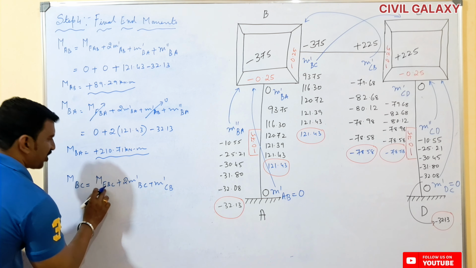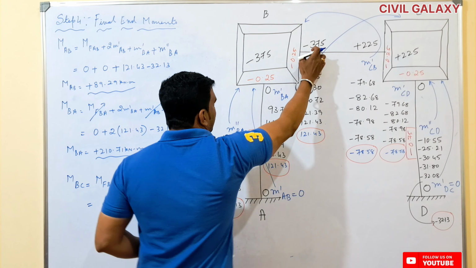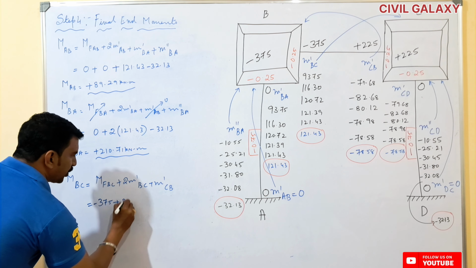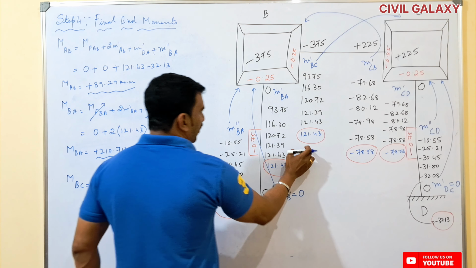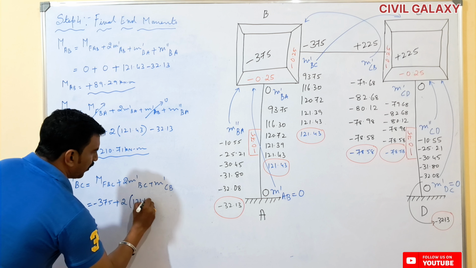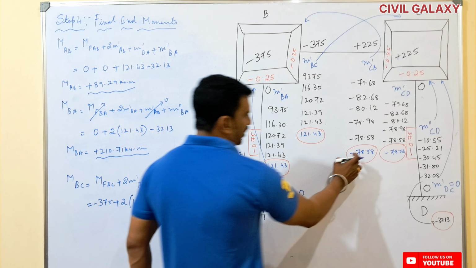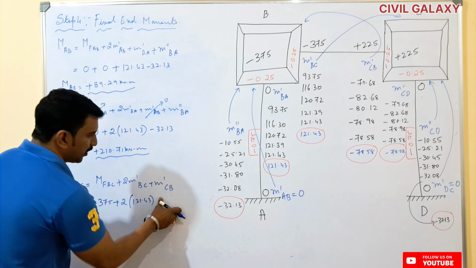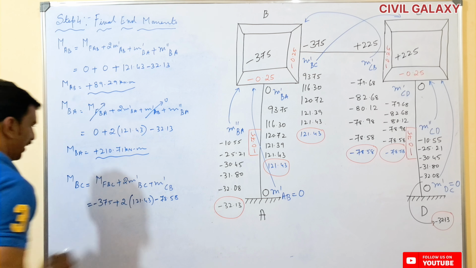So the fixed end moment from B to C, we have got a value that is minus 375, minus 375 plus 2 into M dash BC. M dash BC, if you observe over here, we have got a value that is 121.43, plus M dash CB. M dash CB, we have got a value over here, final rotation contribution, that is minus 78.58.